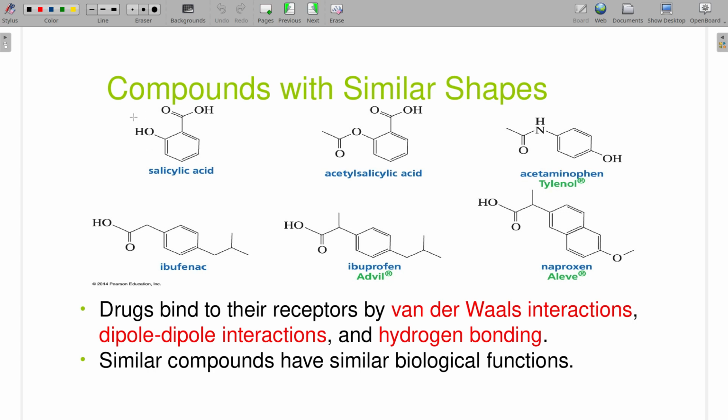Theoretically, you could actually take that active ingredient, the salicylic acid, and use it for headaches. The reason you wouldn't want to is this particular carboxylic acid and that particular OH make this kind of acidic. And it's a little bit too acidic for us to consume in major amounts.